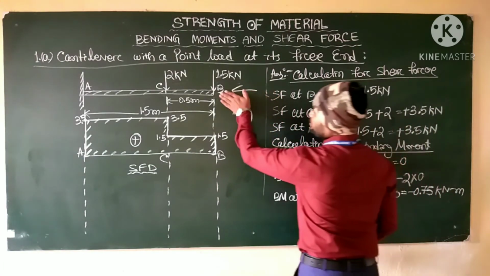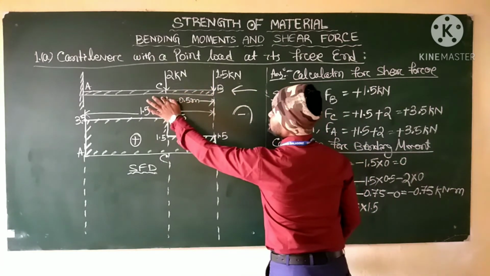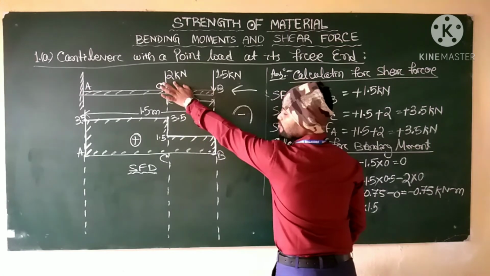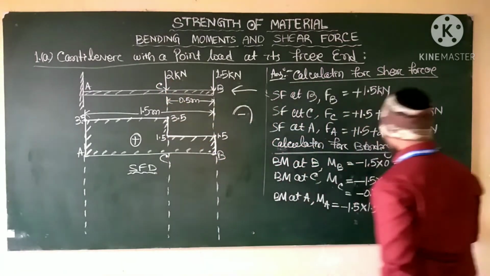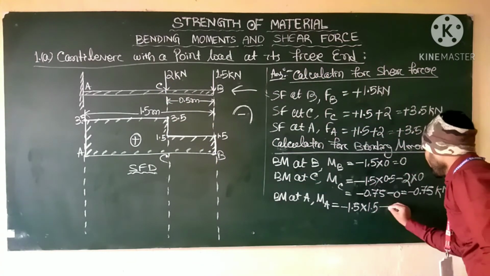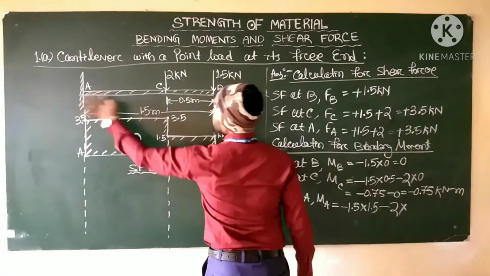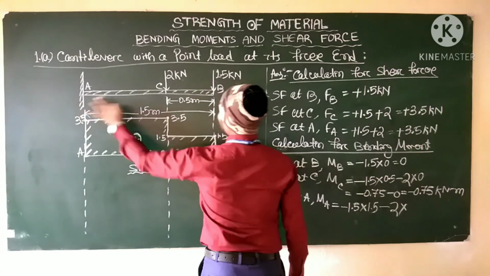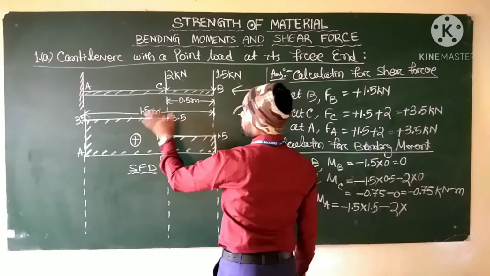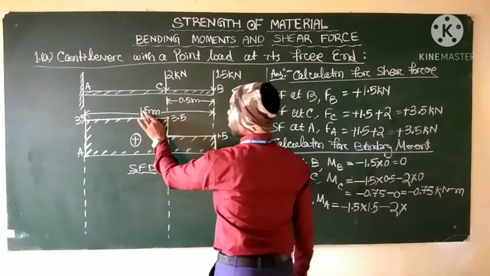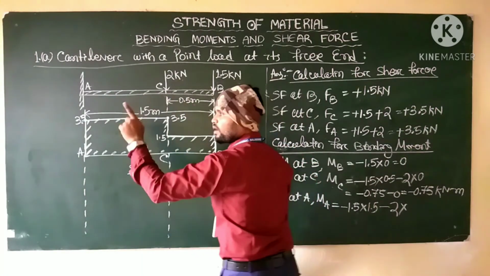Next, after B, now we reach C. At point C, there will be a point load of 2 kilonewtons. So this will also be downward. So minus 2 into the distance from A to C. How much? The total A to B distance is 1.5, the B to C distance is 0.5, so the rest part is 1.5 minus 0.5, that is 1 meter.